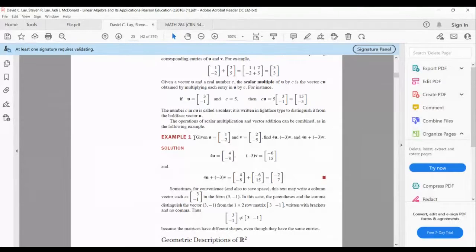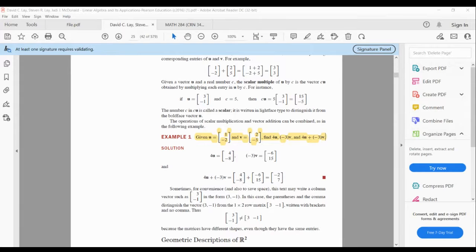So in example 1 here, they give us vectors u and v, and they want you to find the vector 4 times u, the vector -3 times v, and then the vector 4u plus -3 times v. They show you below in the solution how to do that.